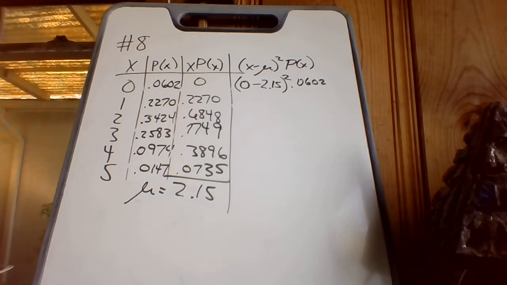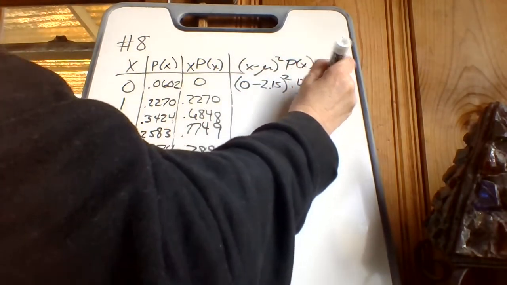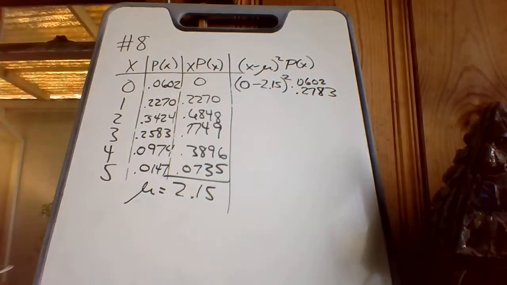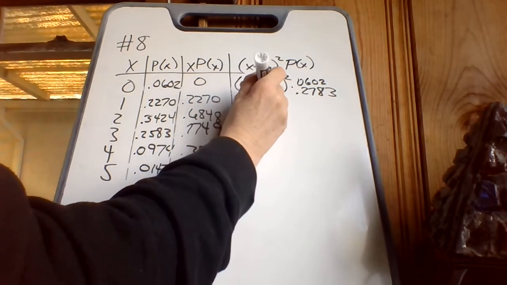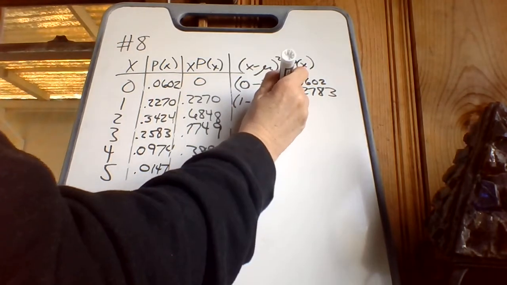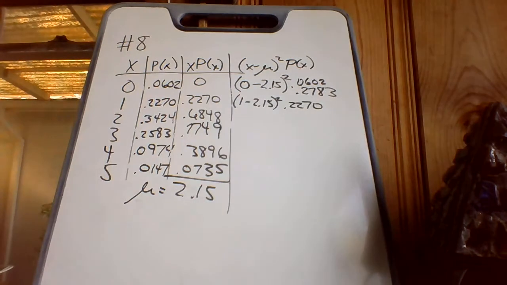Make sure it's positive when I square it, then multiply it by 0.0602, which is 0.2783. I rounded. Then I've got 1 minus 2.15 squared times 0.2270.